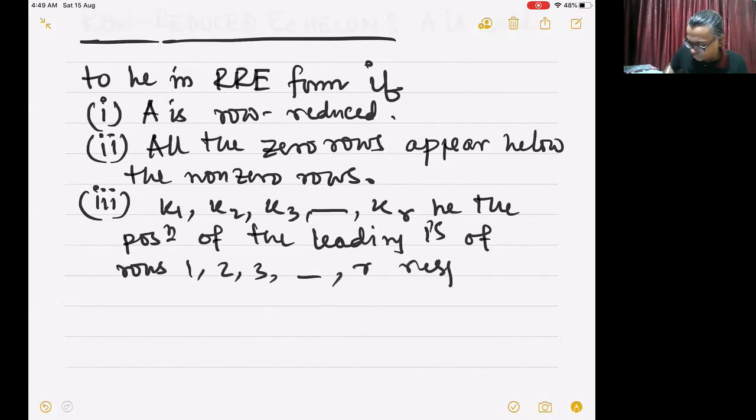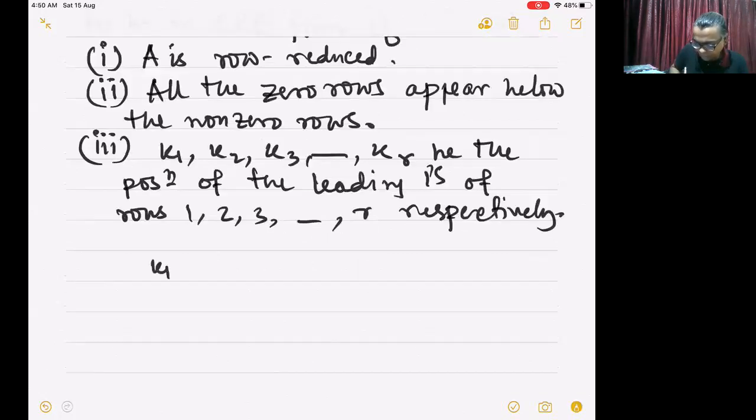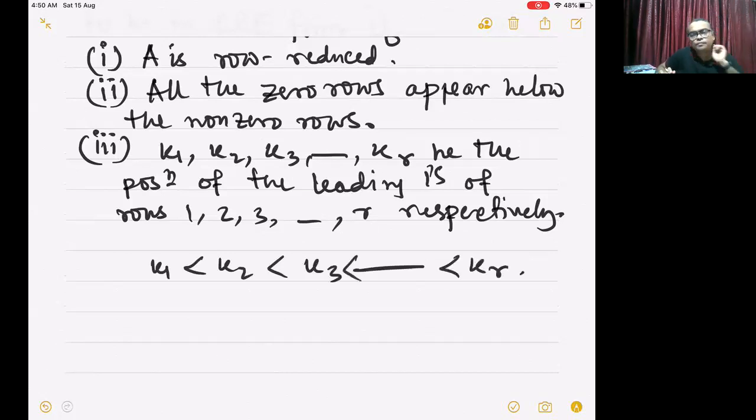Suppose there are R non-zero rows, then each non-zero row must have a leading one, and those positions are K1, K2, K3 up to KR. Then they must satisfy K1 less than K2 less than K3 and so on. The leading ones must satisfy something like this.